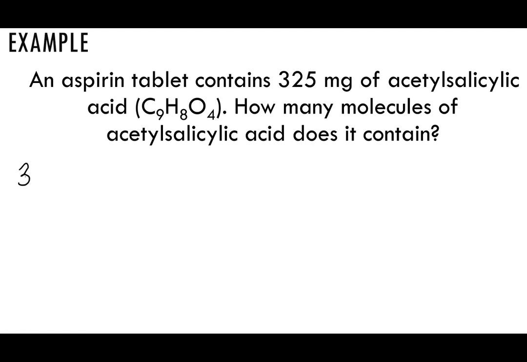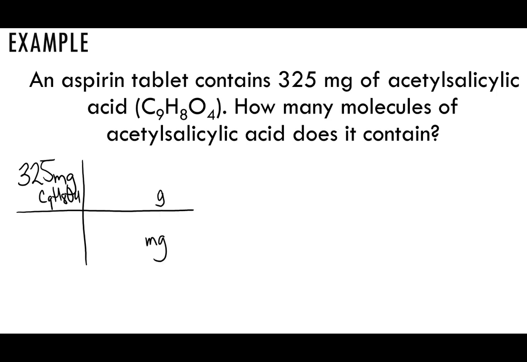So we've got 325 milligrams of C9H8O4. Again, I teach the train track method. So milligrams is going to go diagonal, grams on top, so that milligrams is going to cancel. And in 1 gram, there's 1,000 milligrams.